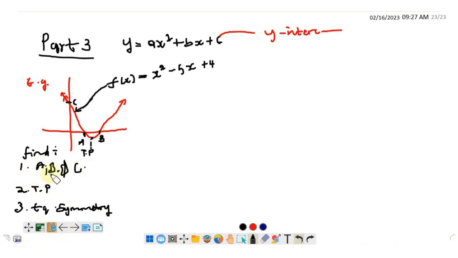So let us start with A, B, and C. I will do it. Create space here. I'll start here with A and B. Why do I want to start with A and B?